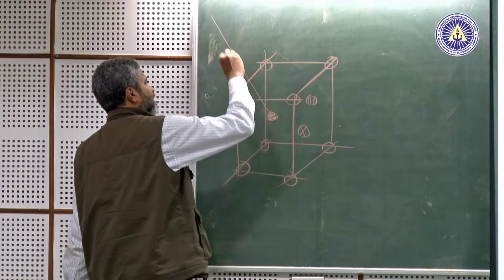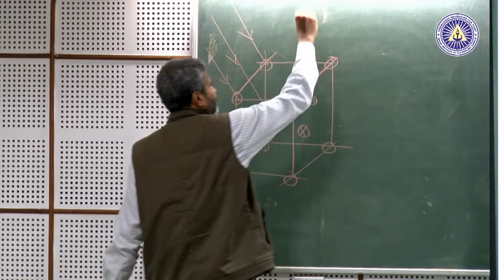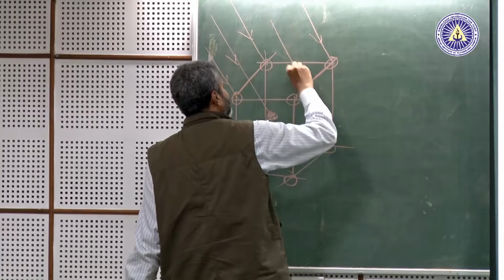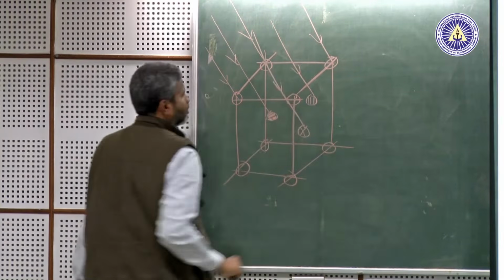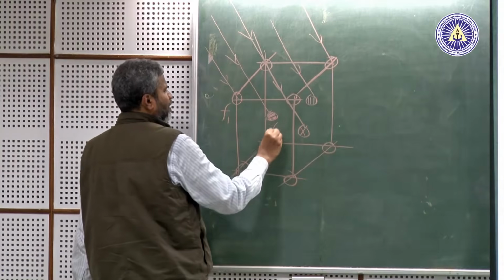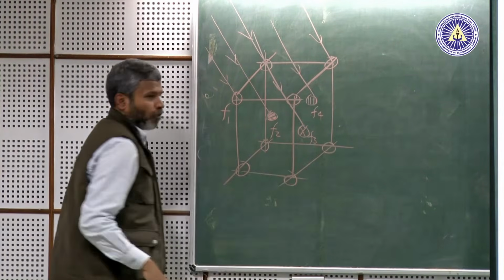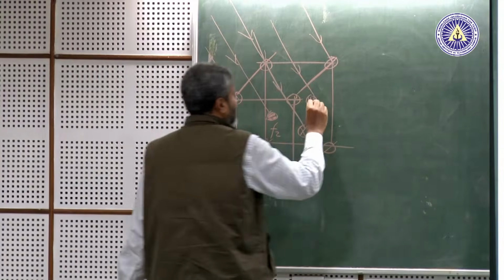There will be an incoming X-ray shining on all of them, and the atoms have atomic scattering factors F1, F2, F3, F4, all different.